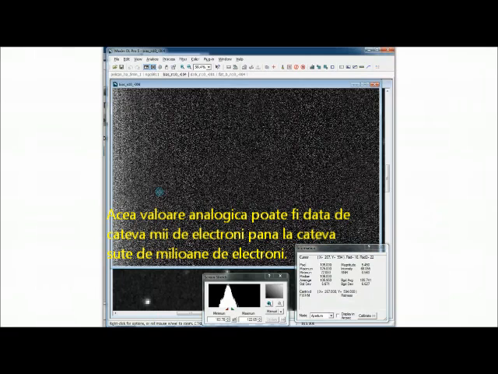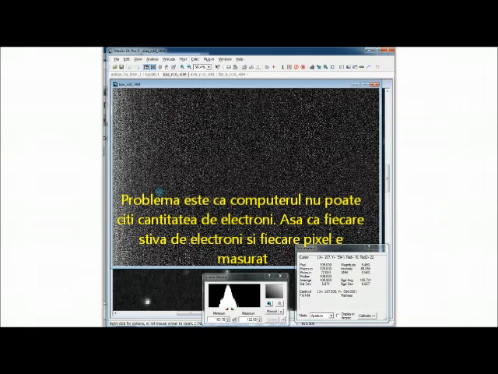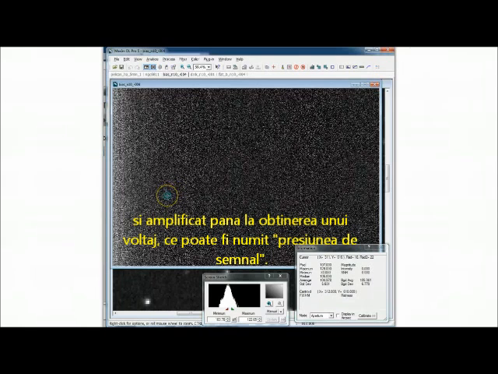It could be several thousand electrons to hundreds of millions of electrons. The problem is that computers can't read quantities of electrons. So each little pile of electrons in each pixel is measured and amplified to a voltage, measuring charge, and then voltage, to I guess you could call it a pressure of signal.